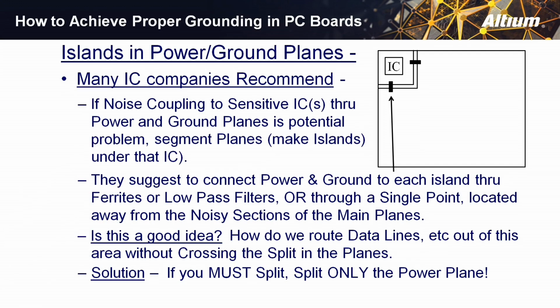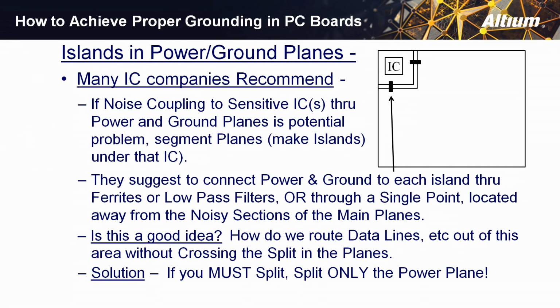In reality, all you need to do is split just the power. Think about where energy travels. Energy travels in the dielectric space between the power plane and the ground plane. It's a transmission line like any other transmission line. And the noise energy also travels in that same dielectric space. If you break the transmission line, either the ground side or the power side, that will be sufficient to prevent the noise energy from coupling across the split.